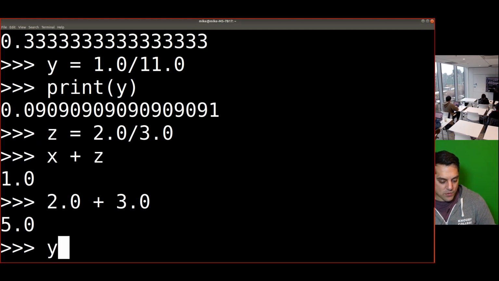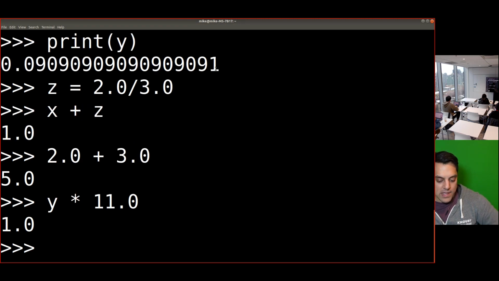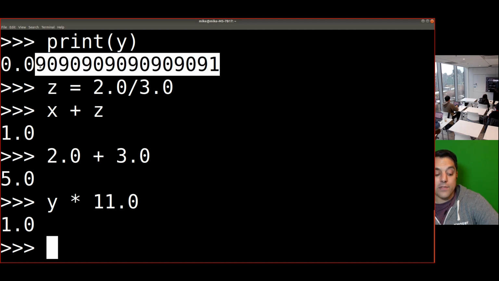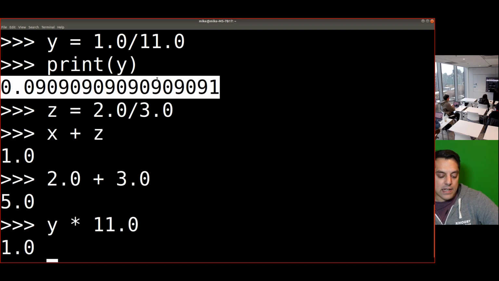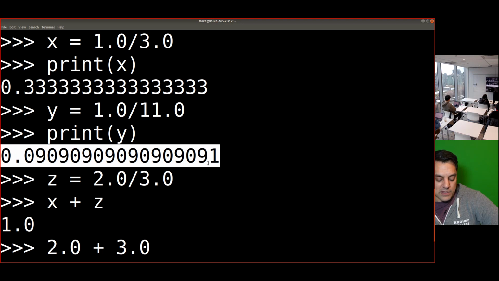Let's see if I actually do Y times 11.0. I do get 1. But you can kind of see it at the end here. At some point you just have to say 0.9, okay, that's going to be rounded to 1 here. So effectively, I have lost a little bit of precision, wherever this has to cut off. I think that illustrates it well enough here.